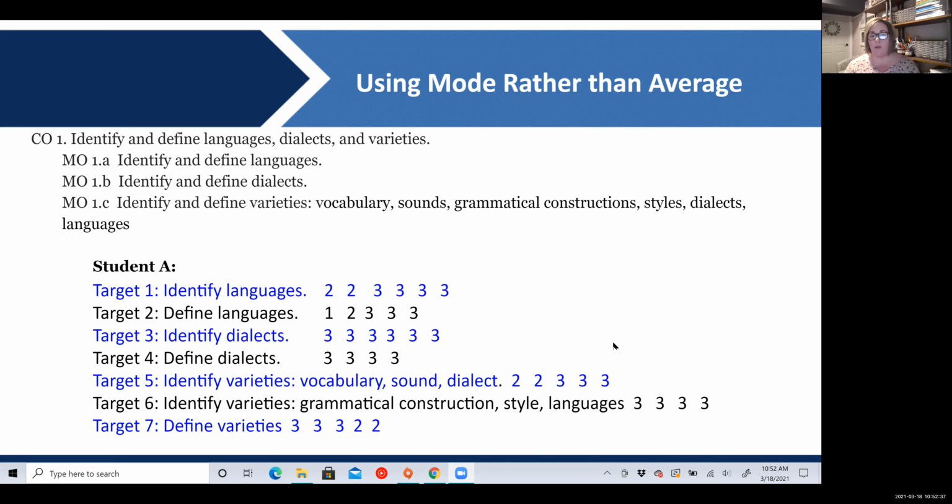Learners might have been invited in my first lesson to identify languages.